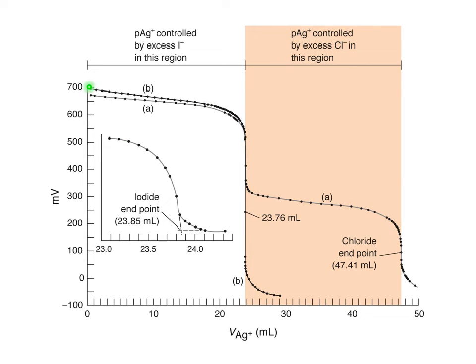But if I have chloride and iodide together, I'll have jump number one, all iodide is gone, and then jump number two, chloride is titrated. By careful analysis of these two positions, I can determine how many mLs were spent on iodide ion and how many mLs were spent on chloride ion.